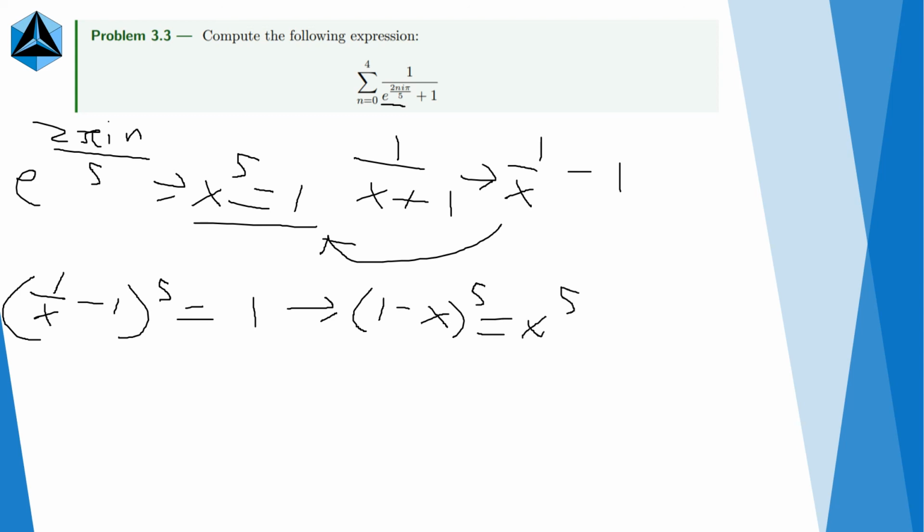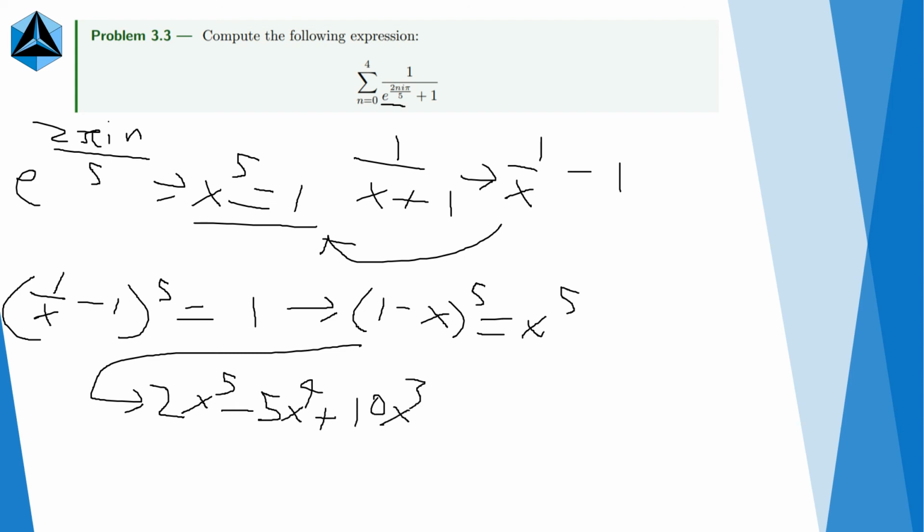And so this becomes 2x to the 5th minus 5x to the 4th plus 10x cubed minus 10x squared plus 5x minus 1 is equal to 0. Now this expression is kind of hideous, but we just need to use Vieta's formulas on this because this is the sum of all of them. So therefore, the answer is pretty easily 5 over 2.